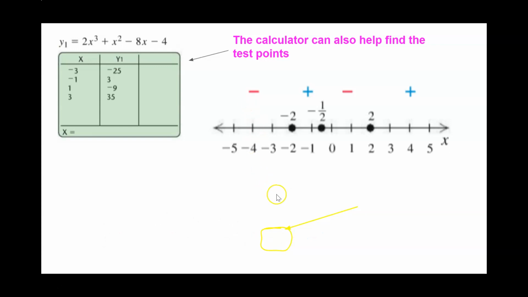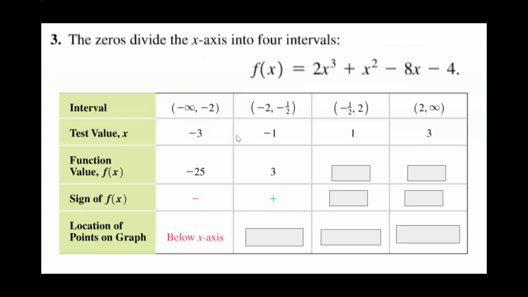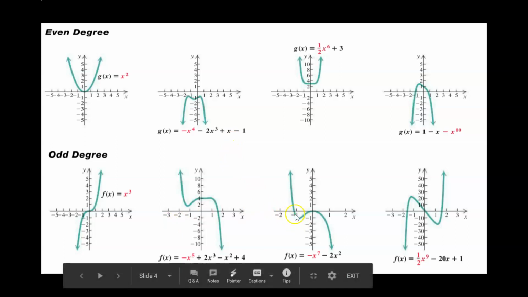So let's go back and show you an example of what I mean by below and above the axis. Maybe this one right here. We see that from this point to this point is below the x-axis.